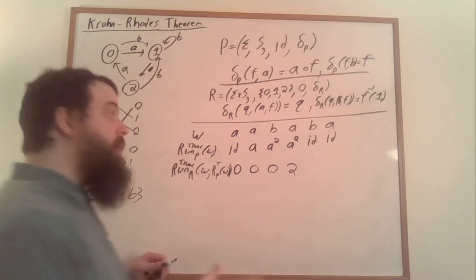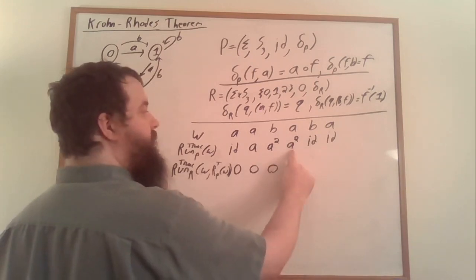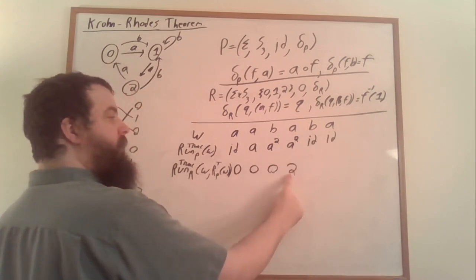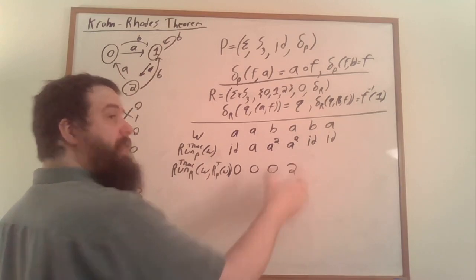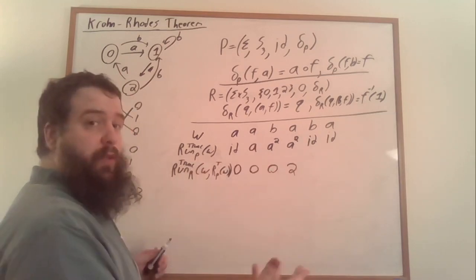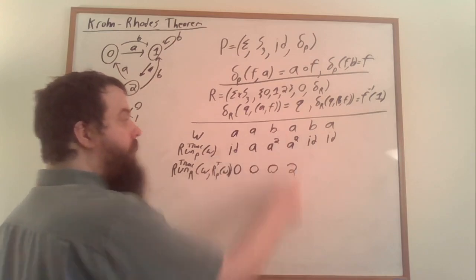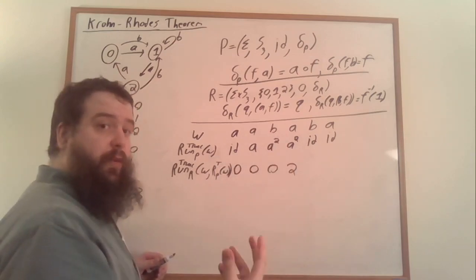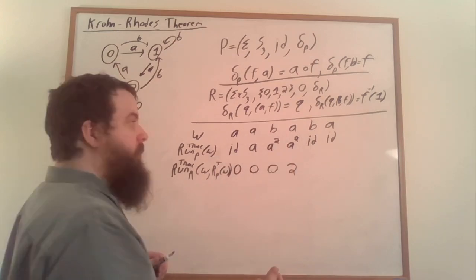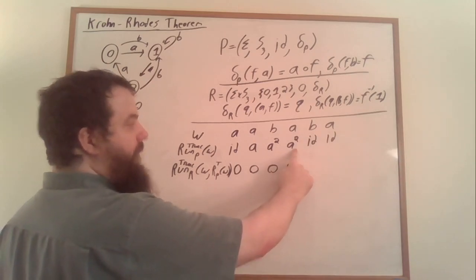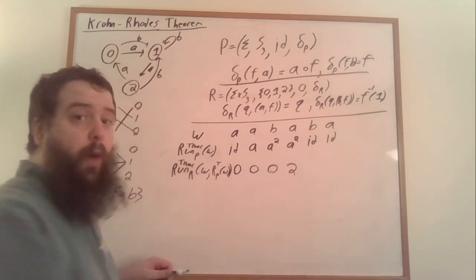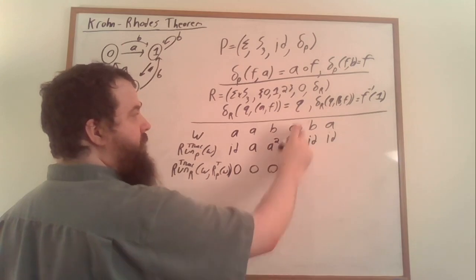And again, the goal is going to be that when we apply this permutation that we see here to this state here, we get the current state of the actual automaton. We just saw a b, so the current state of the actual automaton is a 1. And it happens to be the case that a squared of 2 is equal to 1. If we're in state 2, we read an a.